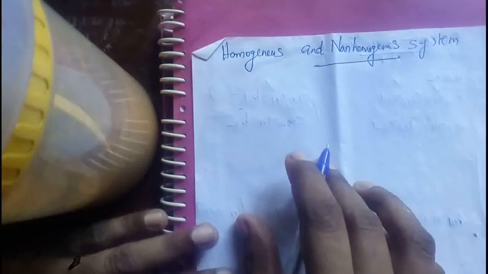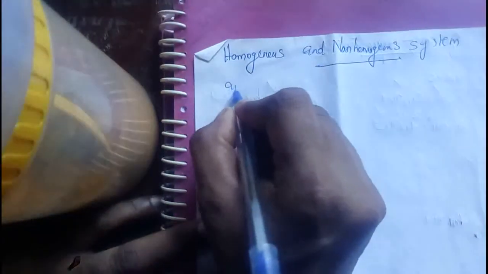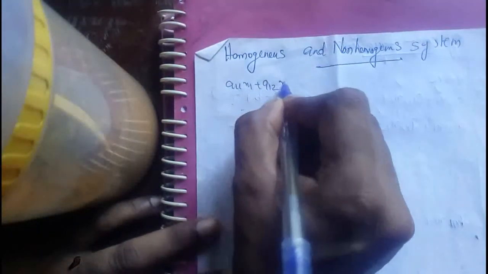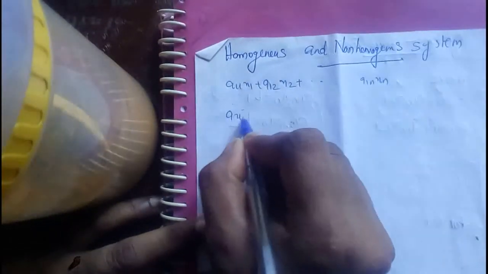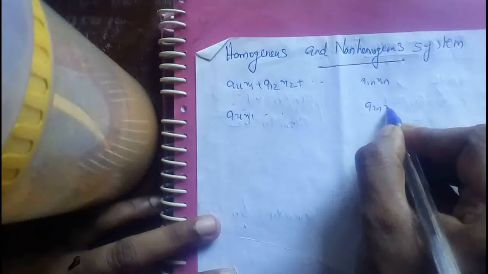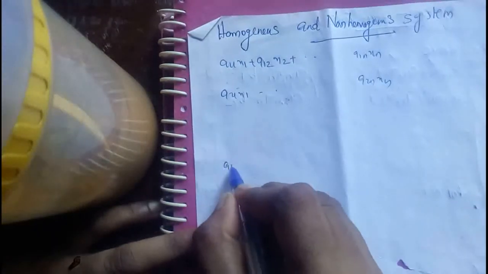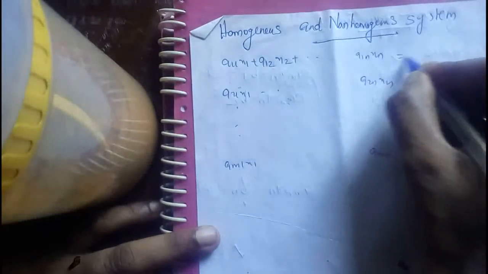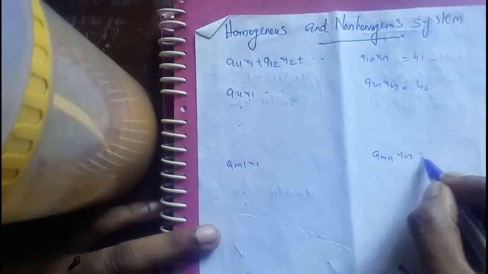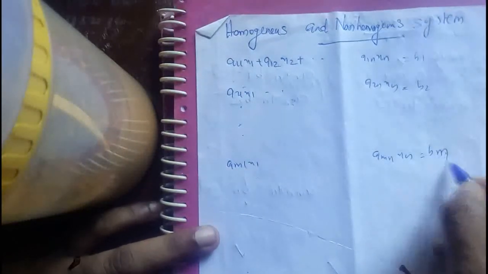So we have m equations and n unknowns: a11 x1 plus a12 x2 plus etc. plus a1n xn equals b1, similarly a21 x1 etc. a2n xn equals b2, and so on up to am1 x1 etc. amn xn equals bm.